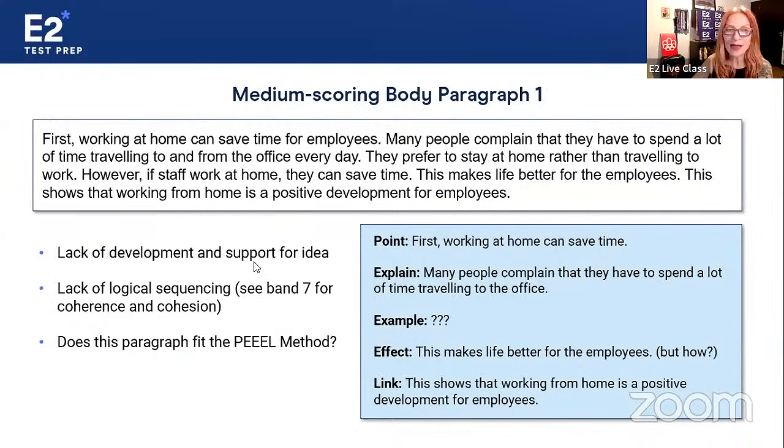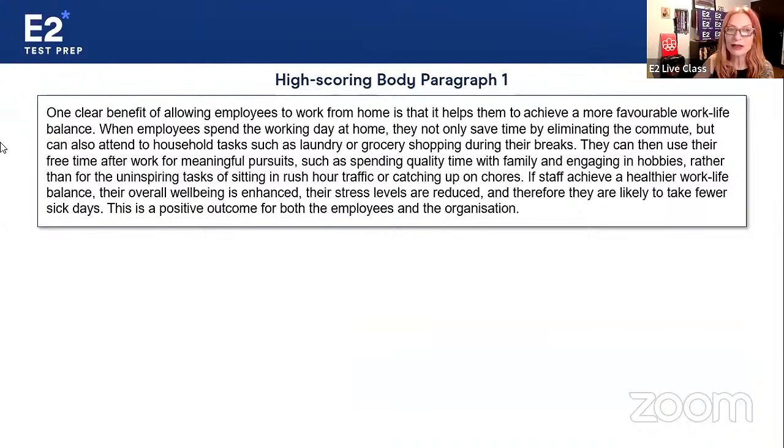So do we have to mention technology advancements? If possible, you should include it, because it is part of the prompt. So let's look at a high score here. One clear benefit of allowing employees to work from home is that it helps them achieve a more favorable work-life balance, okay? So definitely here. When employees spend the working day at home, they not only save time by eliminating the commute, but can also attend to household tasks such as laundry or grocery shopping during their breaks.